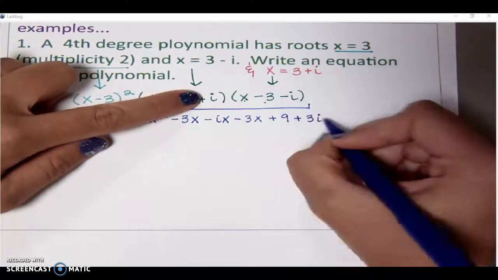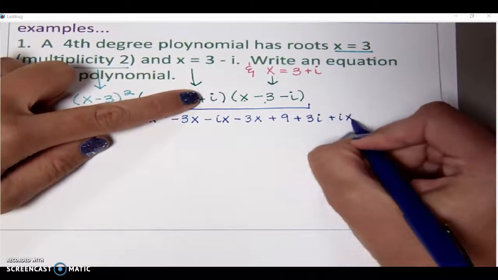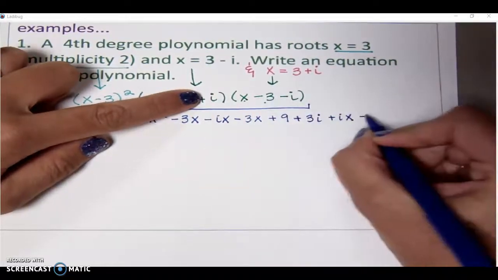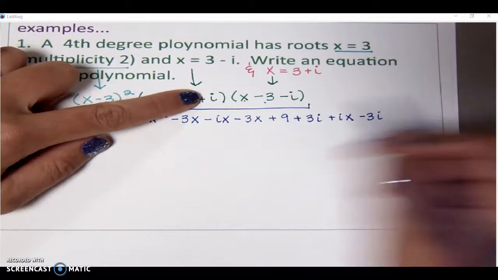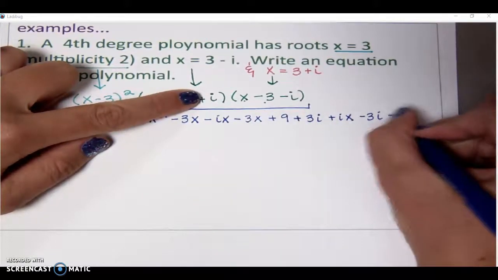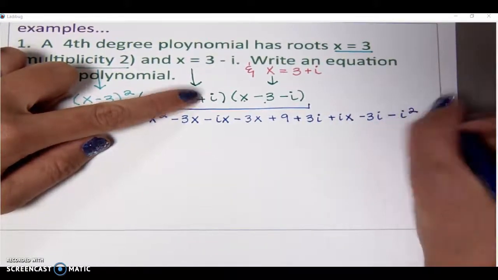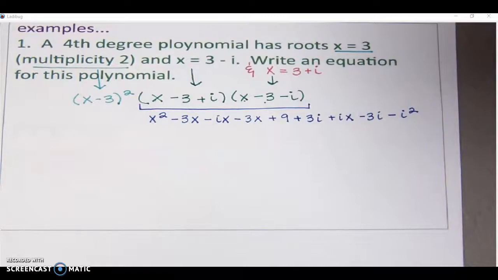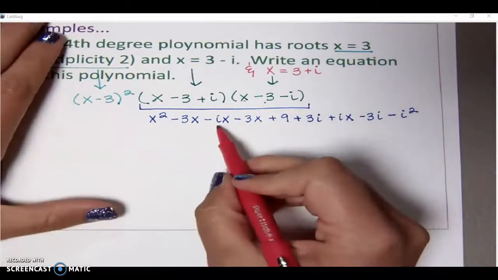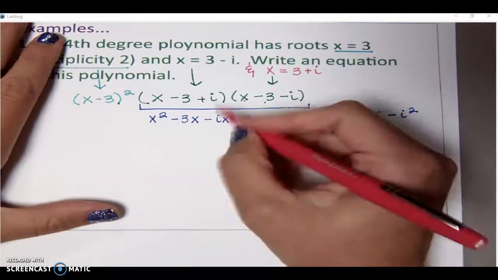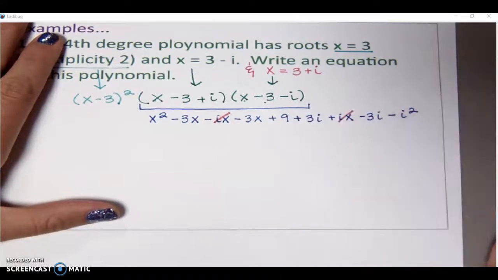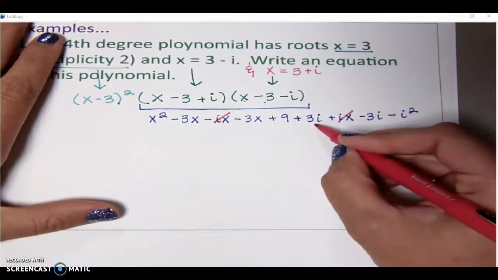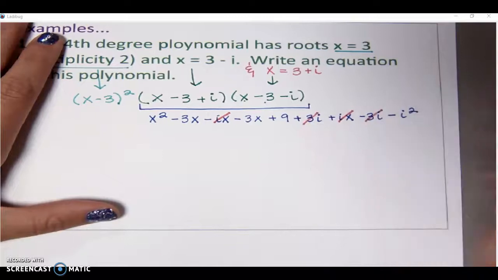Then i times x will give us ix. I times negative 3 will give us negative 3i. And i times negative i will give us negative i squared. So let's look and see what we could cancel first. I have a negative ix and a positive ix, so I can cancel those out. And I have a positive 3i and a negative 3i.